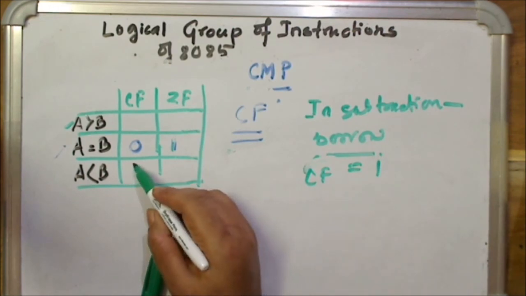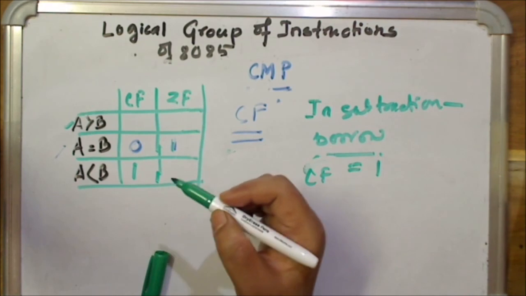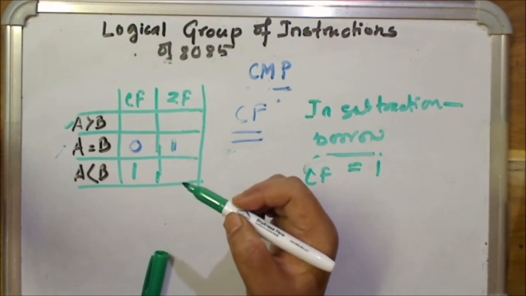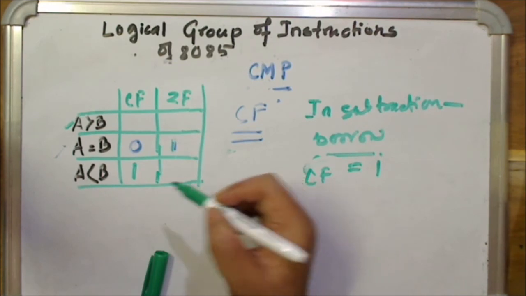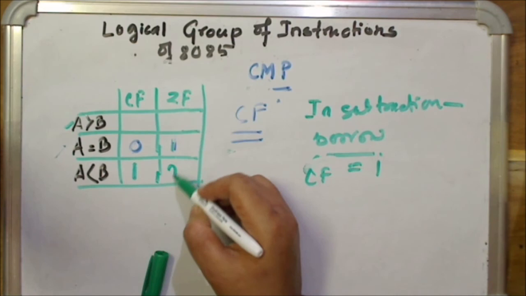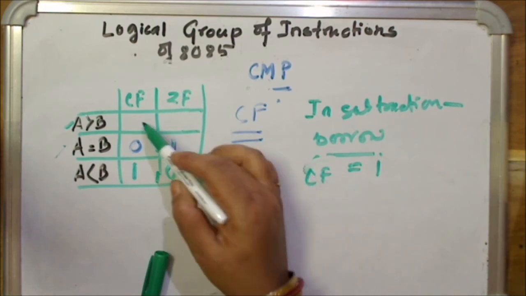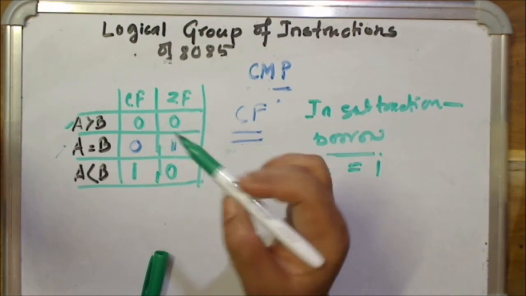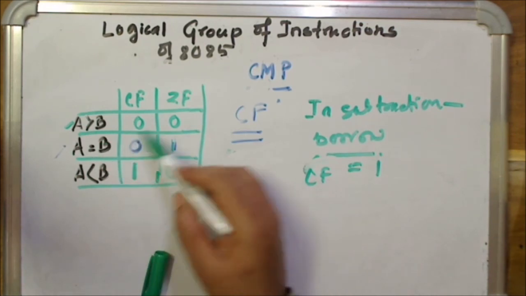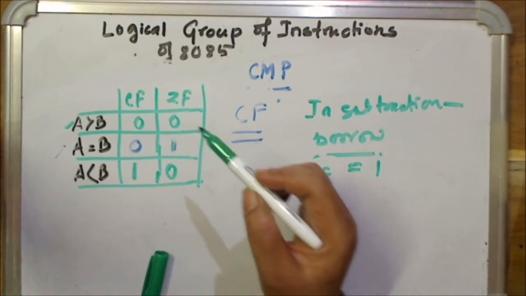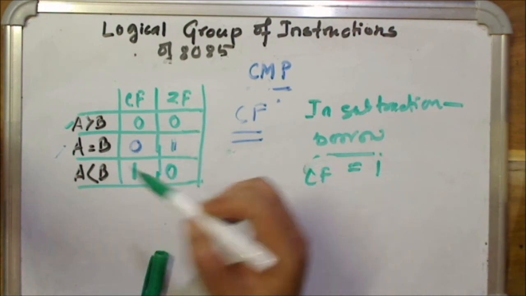Now when will the carry flag be 1? When there is a borrow, that is if A is less than B, then the carry flag will be 1 and the zero flag will be 0. And if both the flags are 0, that means A is greater than B. There is no borrow generated and the zero flag is also not set to 1. That means A is greater than B.